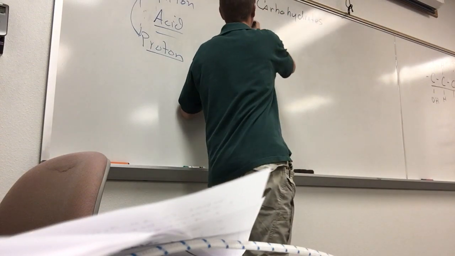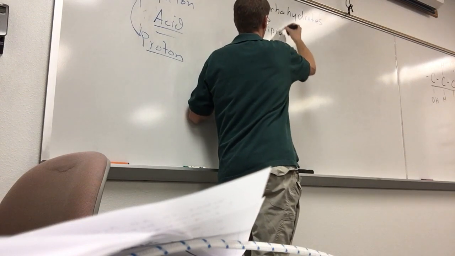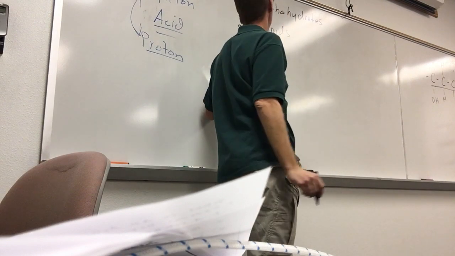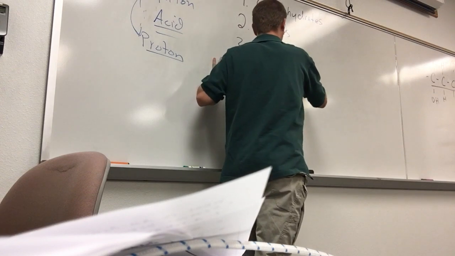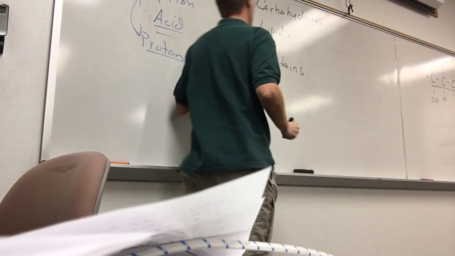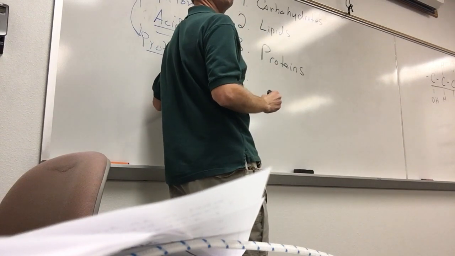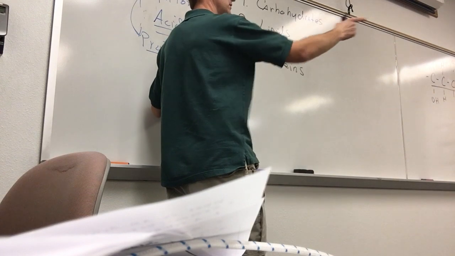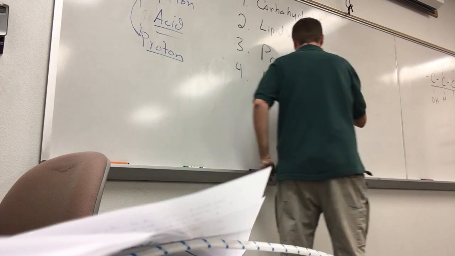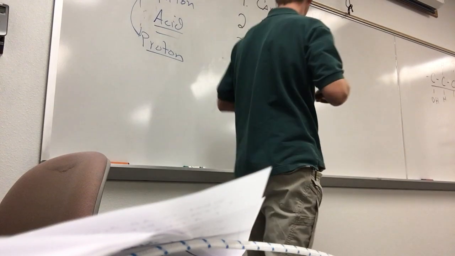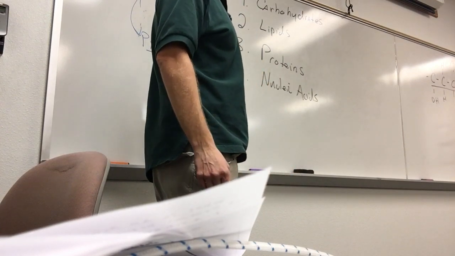What's next? Lipids. Good. These are the fats, fatty acids. Proteins. Very, very important. So carbohydrates, lipids, proteins, and then finally, nucleic acids. These are the 4 major macromolecules of life.